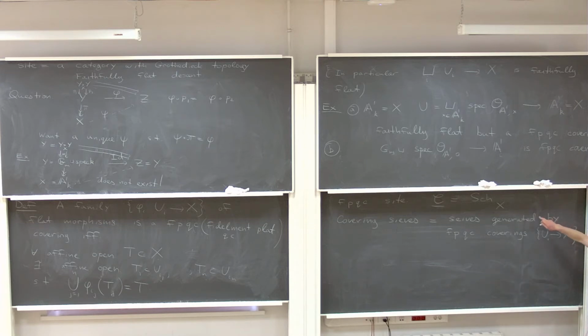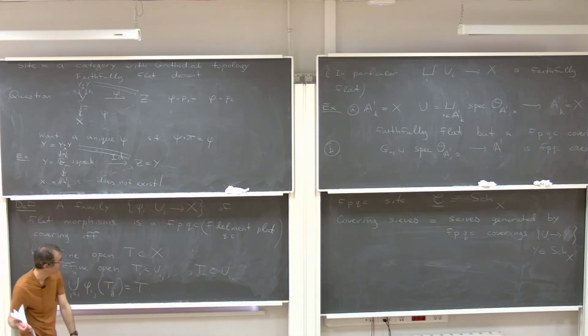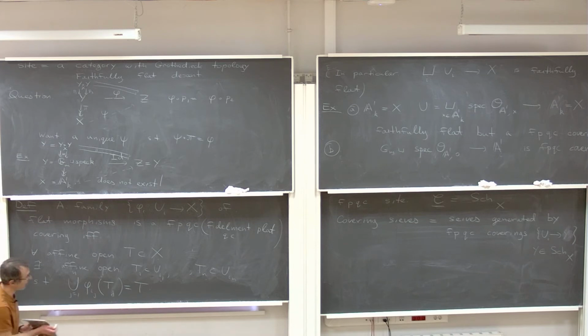I need, this is a sieve over X, but I need to tell you, Y is a scheme over X. This condition is a bit complicated, and so here is a lemma.